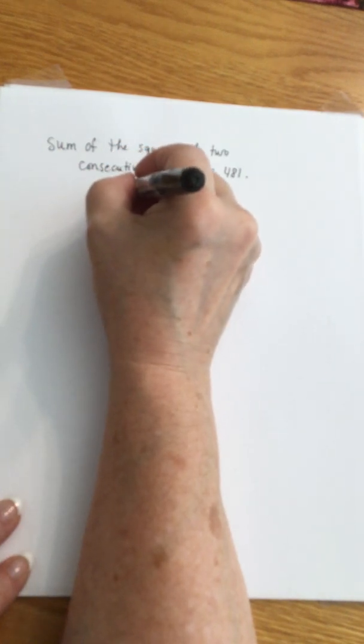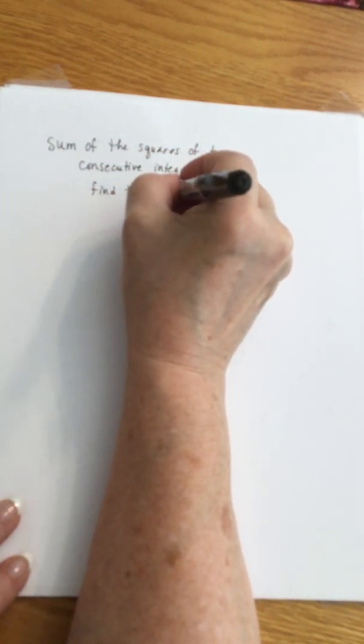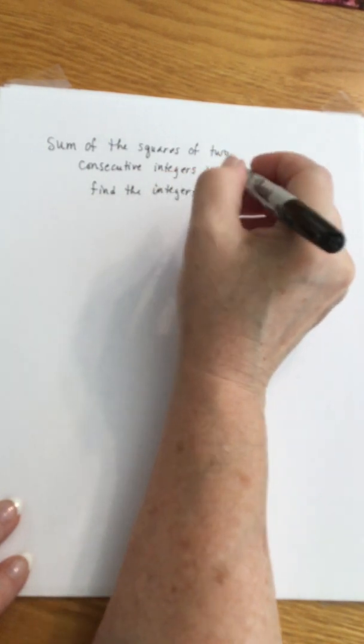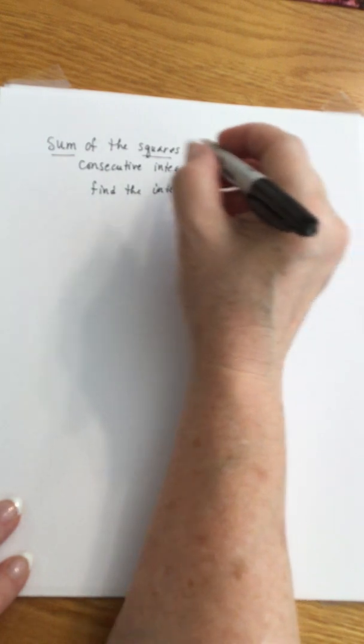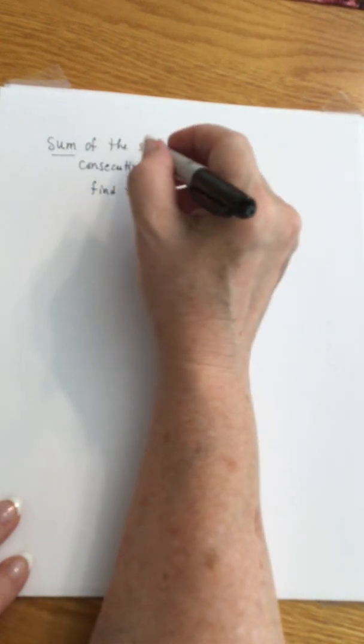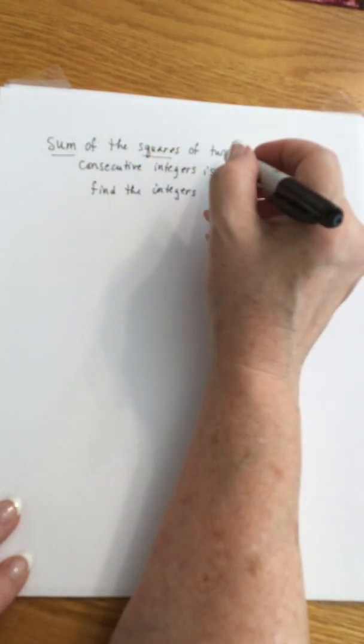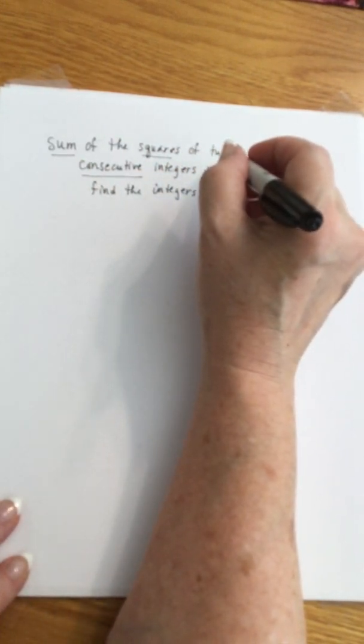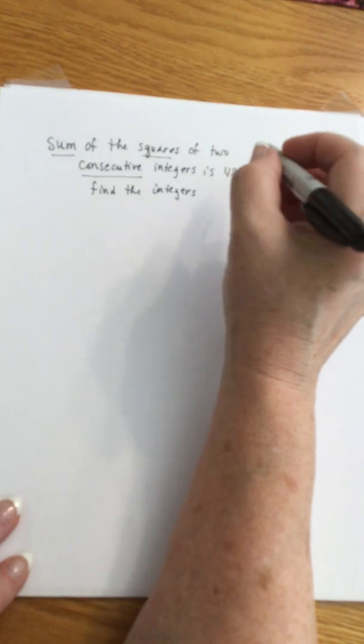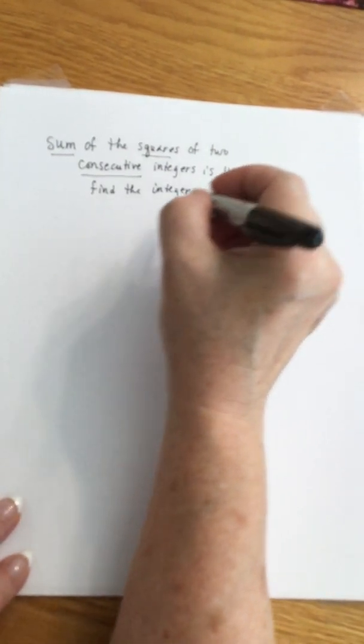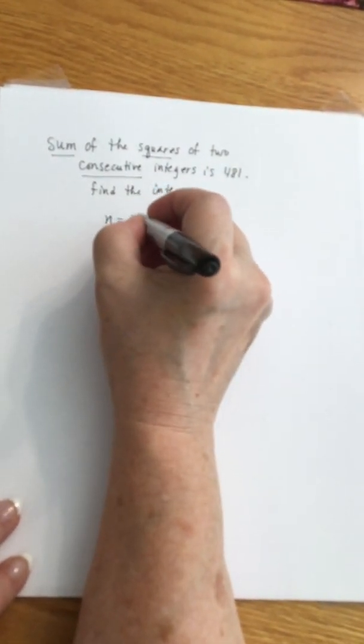Find the integers. So if we have to know some names of things, sum of squares. Sum means I'm going to be adding. Squares, I'm going to be squaring it, of two consecutive, not consecutive even integers, but two consecutive integers, is 481. So the first integer is going to be n.